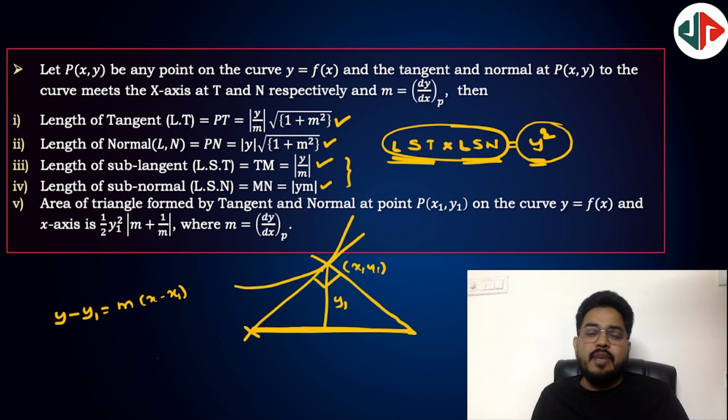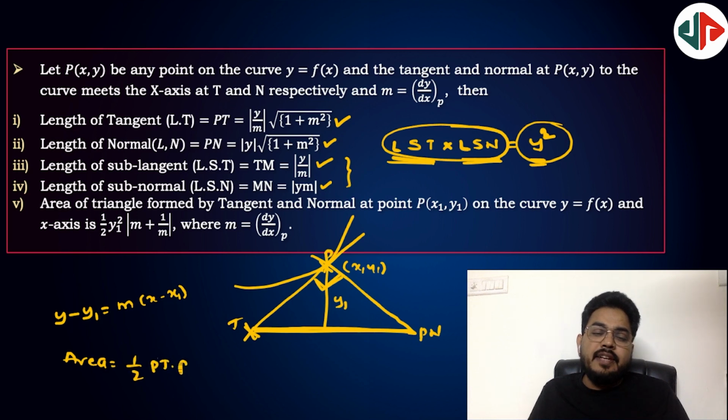Or simply, what happened? This is a right angle. Area will be equal to this length into this length, PT into PN. Area is equal to half of PT into PN.